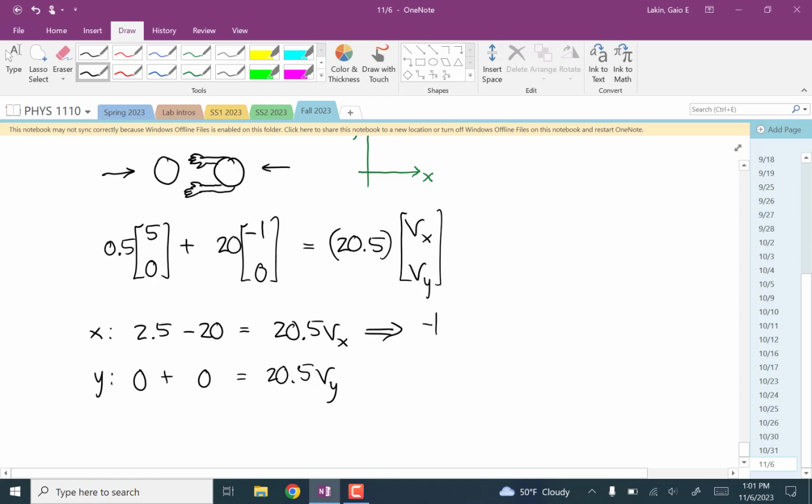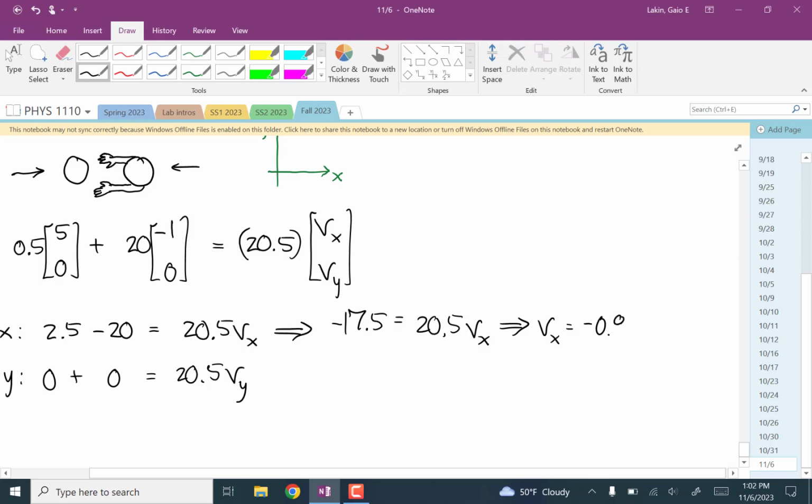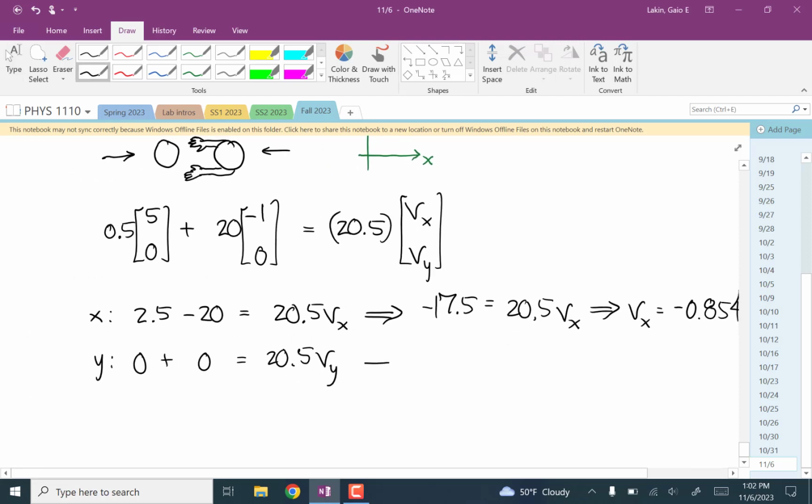So this says negative 17.5 is equal to 20.5 Vx. So can someone divide negative 17.5 by 20.5? Negative 0.854. The y equation says Vy is equal to 0.